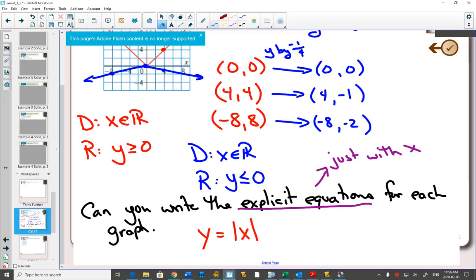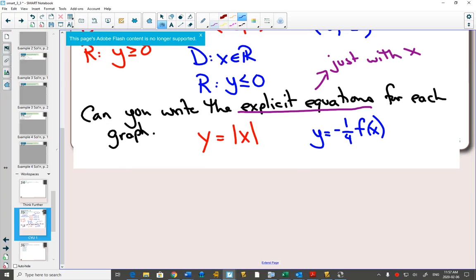Now our blue graph, we were told in function notation, our blue graph was -1/4 of f of x, and f of x was the original graph. Can you see that the explicit equation for the blue graph then would be, oh, there's a -1/4 in front of the absolute value of x.